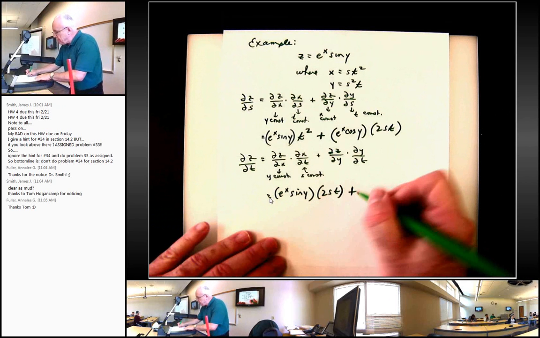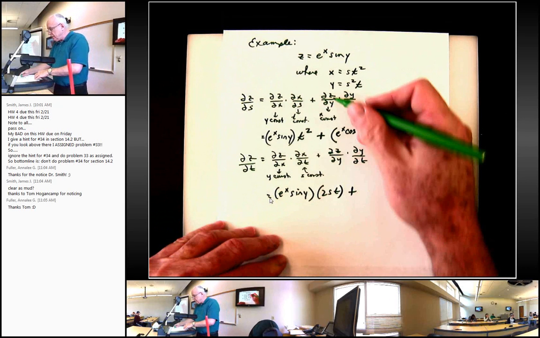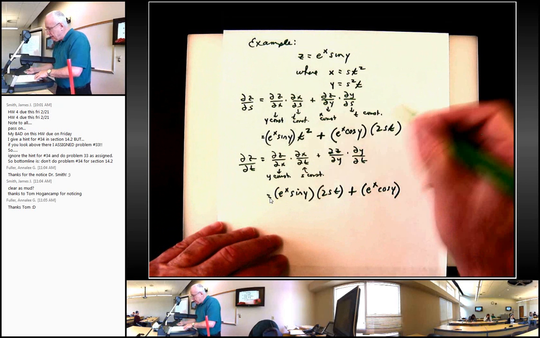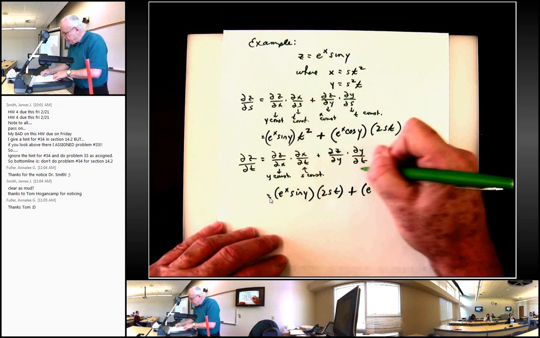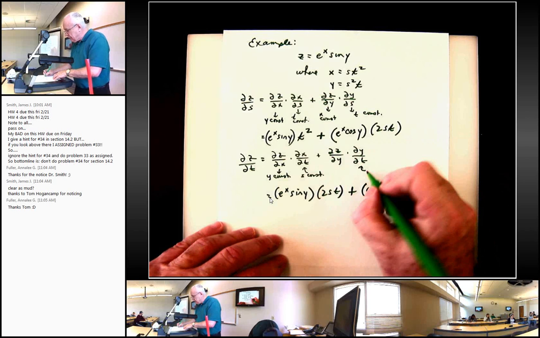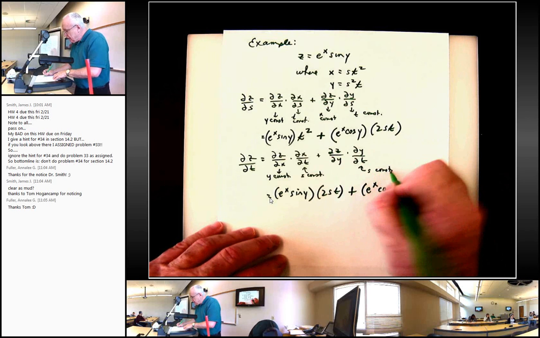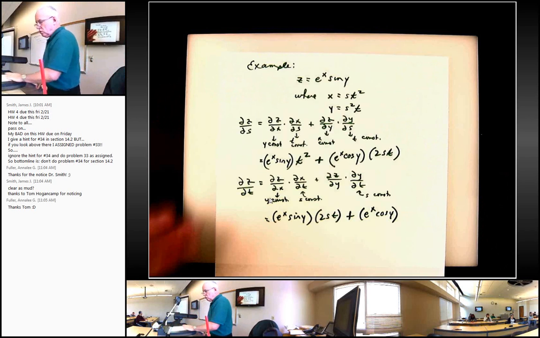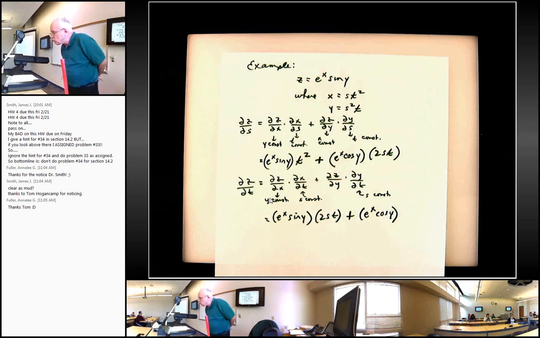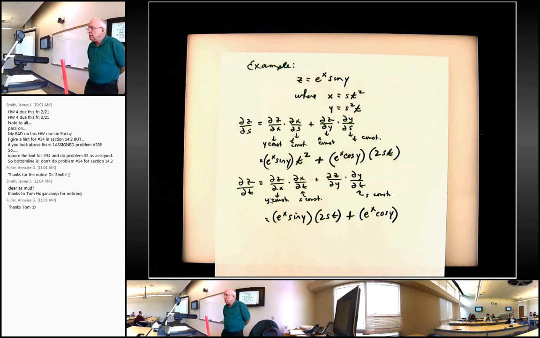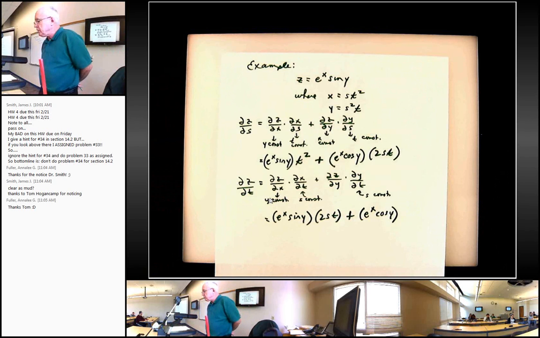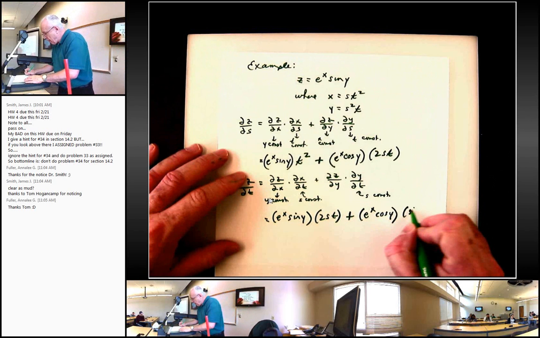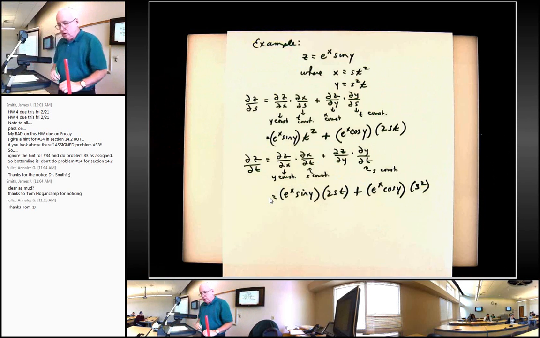And then plus, now we already did ∂z/∂y, and we got e to the x cosine of y. And now we have to do ∂y/∂t, so s is going to be a constant. So y is s squared t. t is our variable, so that's just going to go to s squared.